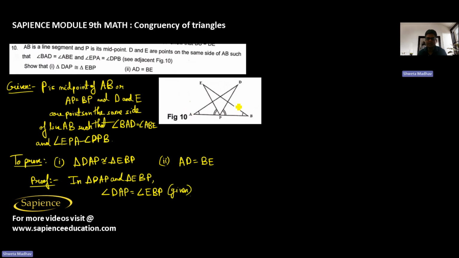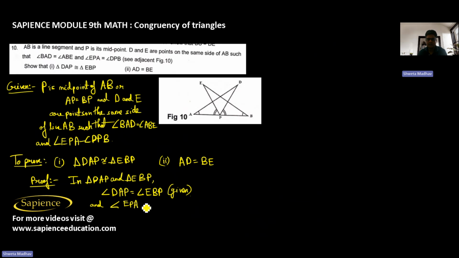Since BAD and DAP are the same angle, and ABE and EBP are also the same angle. And you can see that here it is told angle EPA is equal to angle DPB.